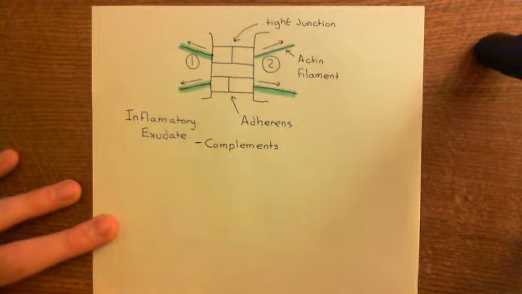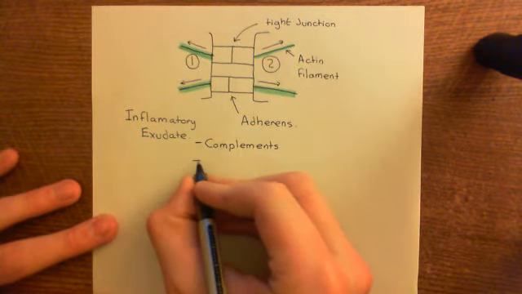Now, the classical complement pathway actually requires the adaptive immune system to work, and we'll come back to that later. But the other two, the mannose-binding lectin pathway and the alternative pathway, both will occur instantly, basically, as soon as they see pathogens.